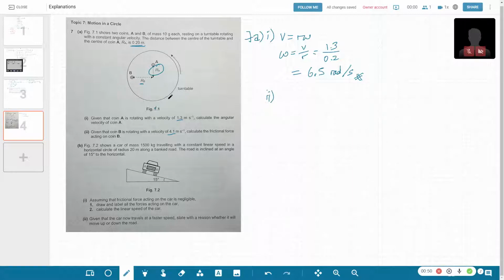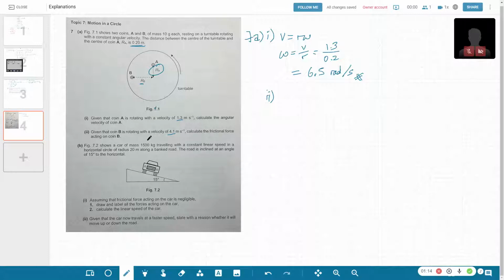Now they tell you that it's a constant angular velocity for the entire table. So A and B will both have the same angular velocity, just that the velocity is different because their distance from the center is different.